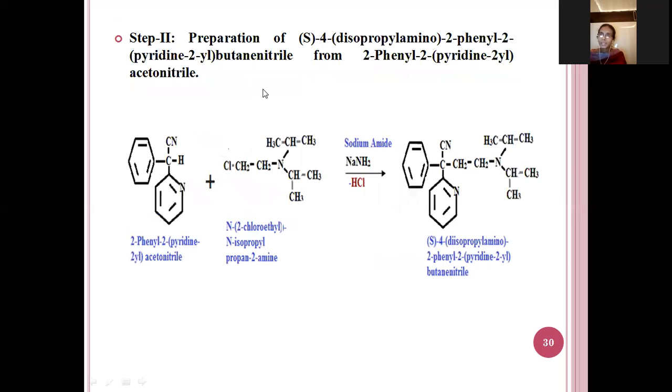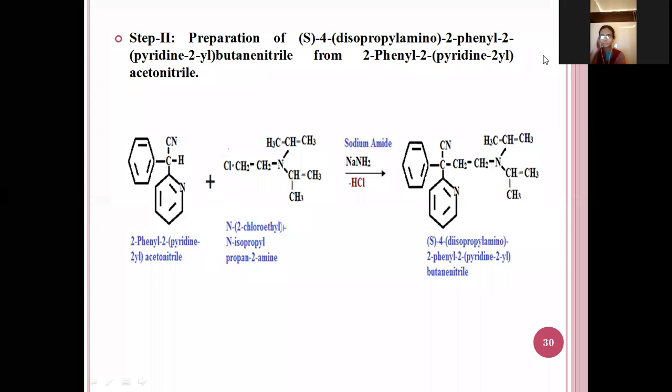And the second step is the preparation of 4-diisopropylamino-2-phenyl-2-pyridin-2-yl butanenitrile from 2-phenyl-2-pyridin-2-yl acetonitrile.